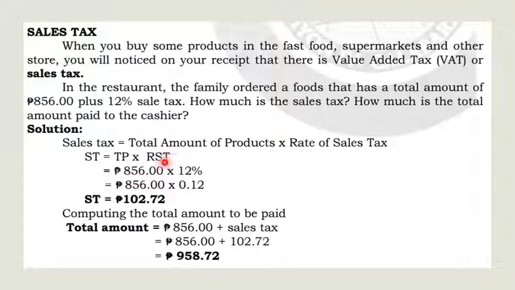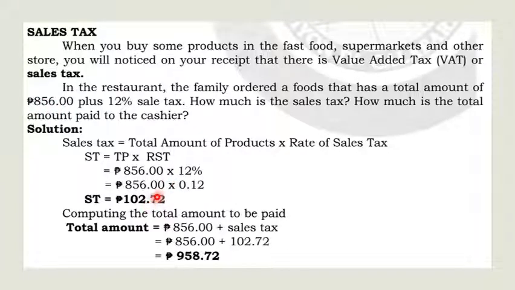Then, yung rate natin is 12%. So, yung 12%, convert muna natin siya into decimal. So, 12 divided by 100 is 0.12. Then, 856 times 0.12. So, equivalent siya sa 102 pesos and 72 centavos. So, ito yung madadagdag pa doon sa babayaran nilang 856. So, medyo malaki yung tax.